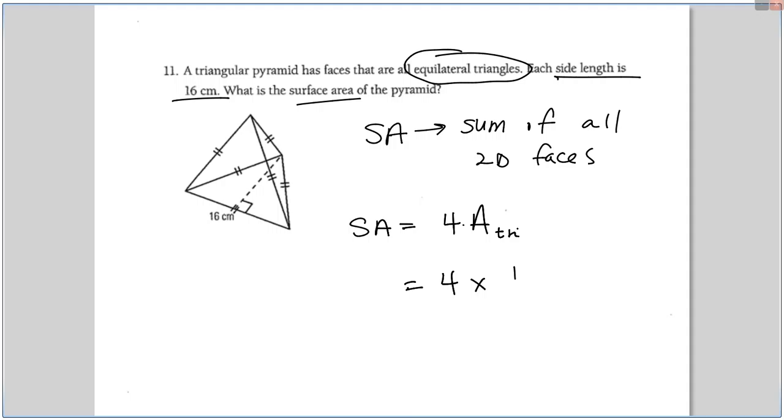So what's the area of the triangle? It's going to be base times slant divided by 2. So 4 times, what's the base of the triangle? 16. What's the slant? Uh-oh.